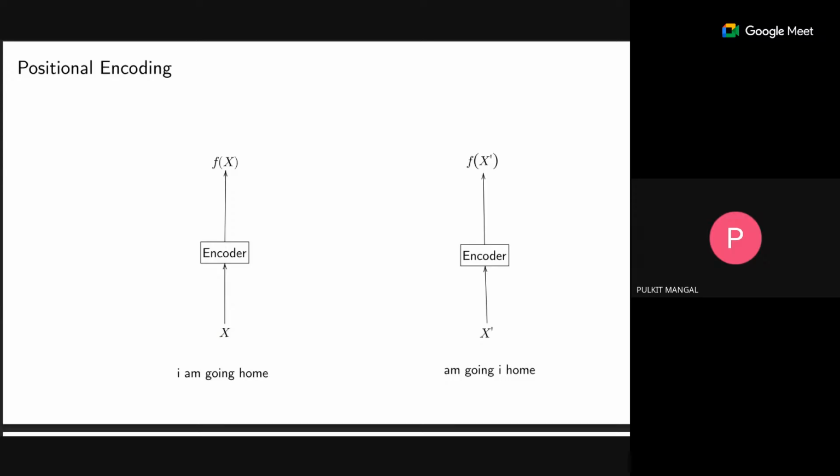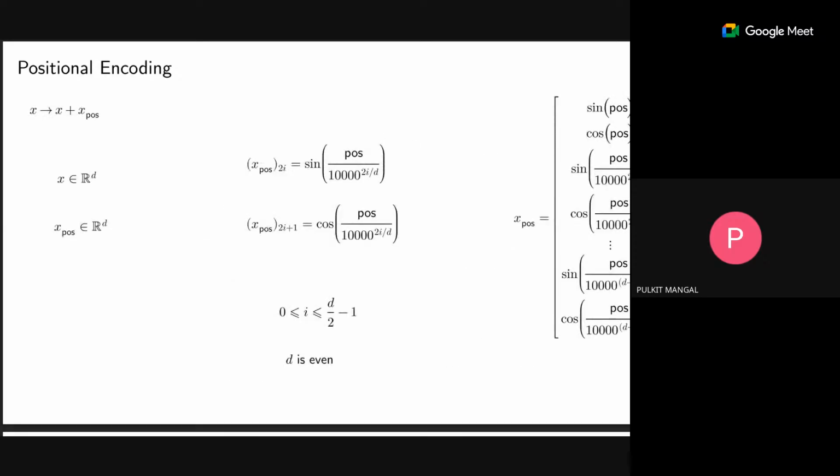Now, in modern LLMs, these positional encodings are also learned, just like we learn our word embedding. But in the original transformer paper, they did not do this learning process. Instead, they used one formula to directly calculate the positional embedding, and that was this formula.